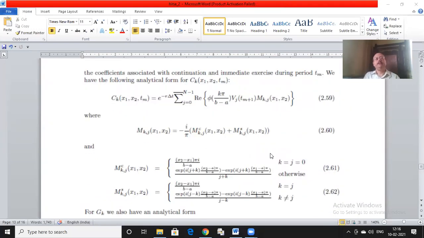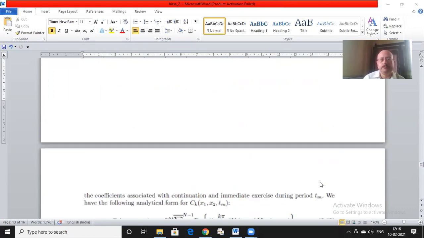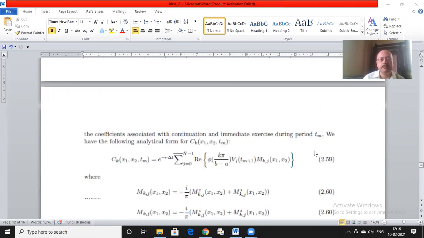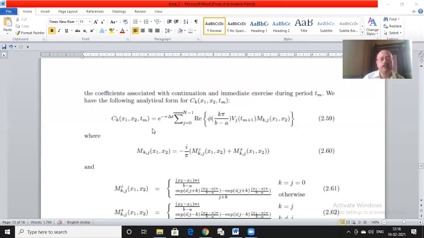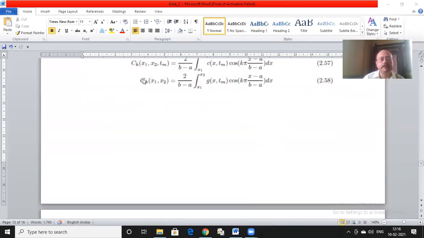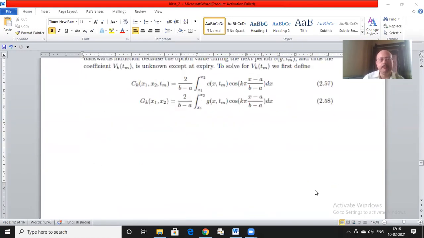The coefficients associated with the continuation and the exercise will be given by these two, 257 and 258. We have the following analytical form for CK. So CK can be solved with some trouble.